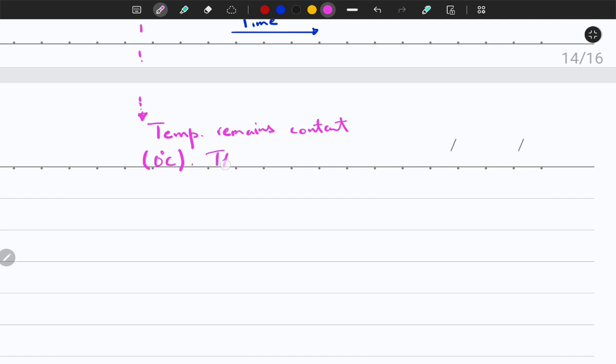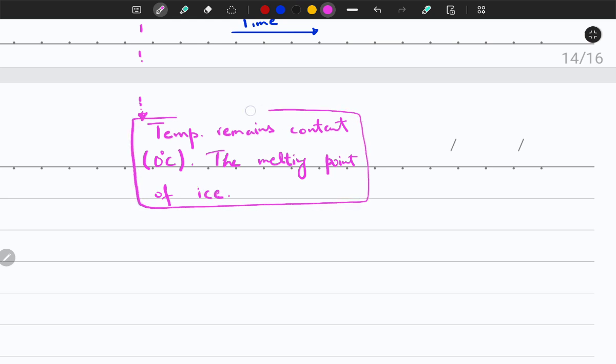This is the melting point of ice, but at the same time, it is the freezing point of water. So at this point, the ice and water would have kind of like an equilibrium.